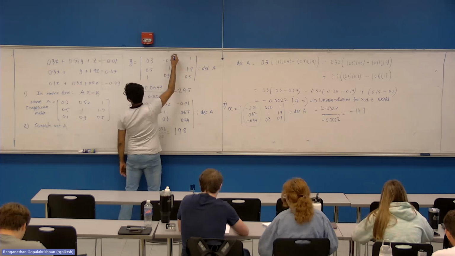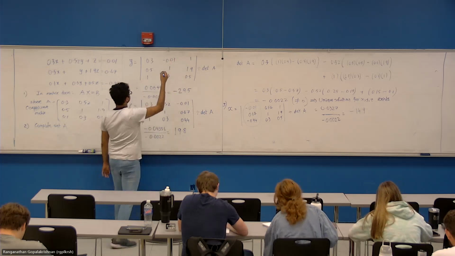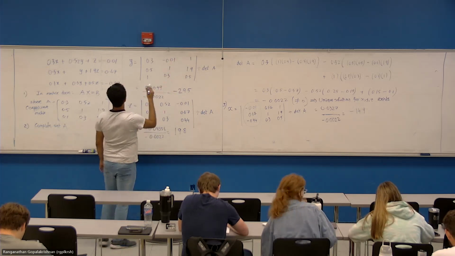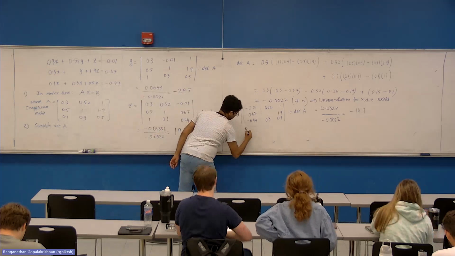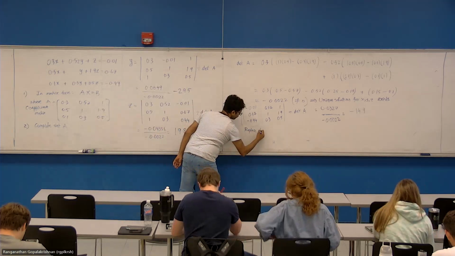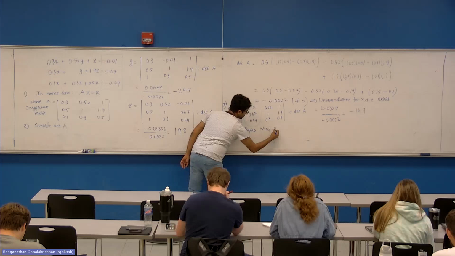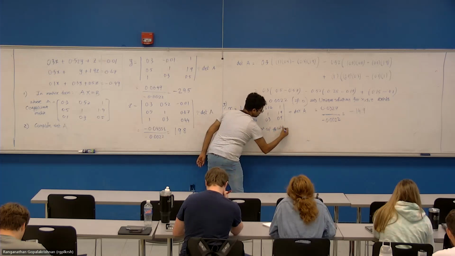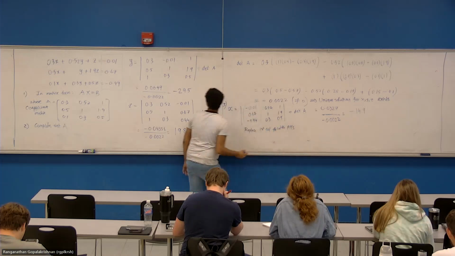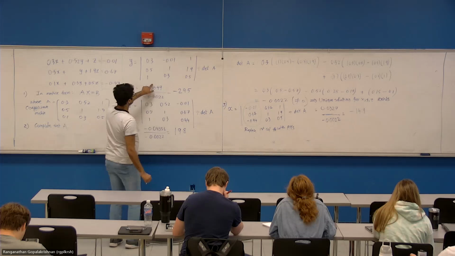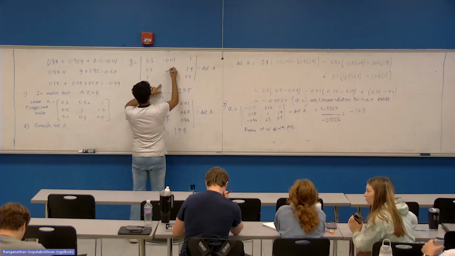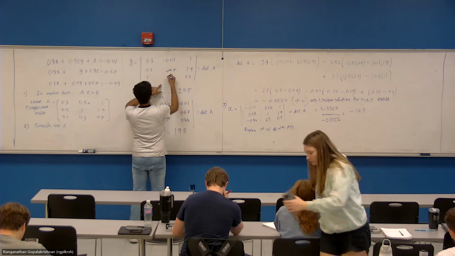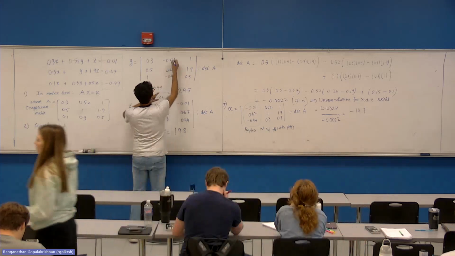So this is the, wait. This is the first column. Replace the first column with the right hand side. I think I wrote it wrong. 0.67 minus 0.44.